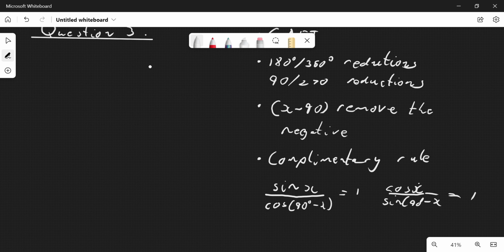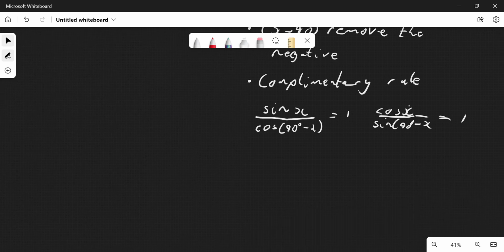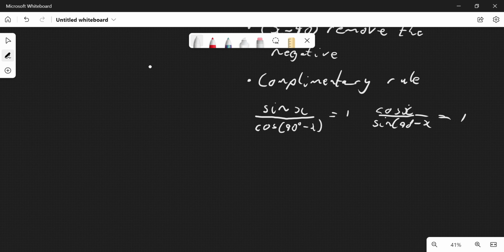So trig ratios, sine and cos of complementary angles dividing each other will give you 1. So what does that mean? Let's use our favorite complementary pair. Sine of 20 degrees divided by cos of 70 degrees equals 1.